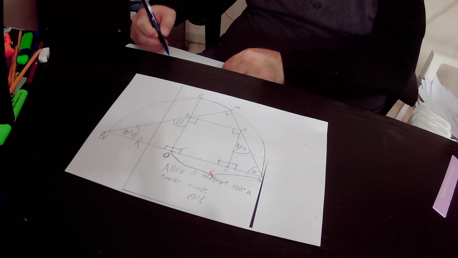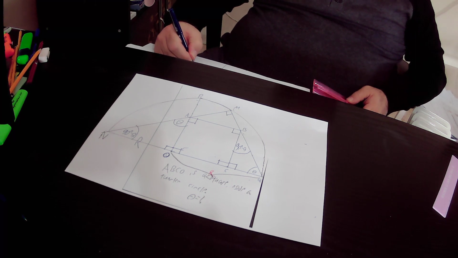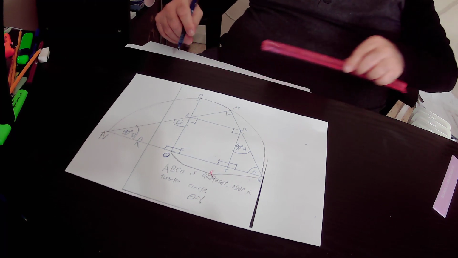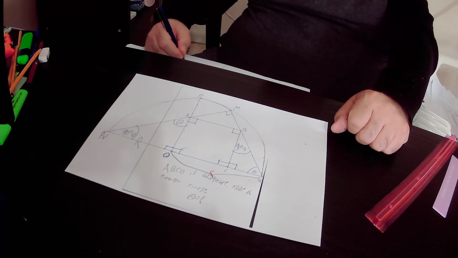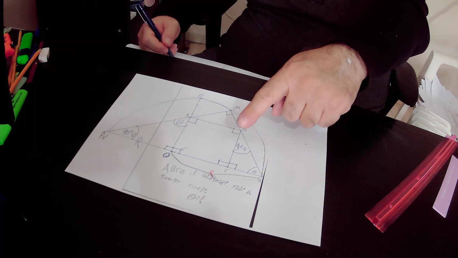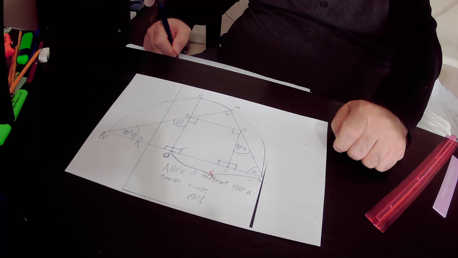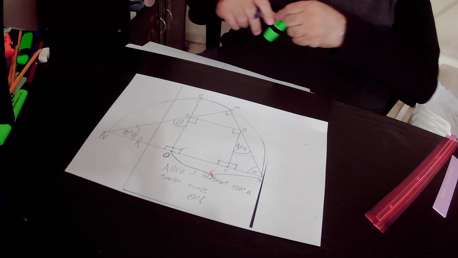So actually, we found out that QC is equal to QO, that is R, minus OC. We define OC as A, so it is R minus A. QC equals R minus A.